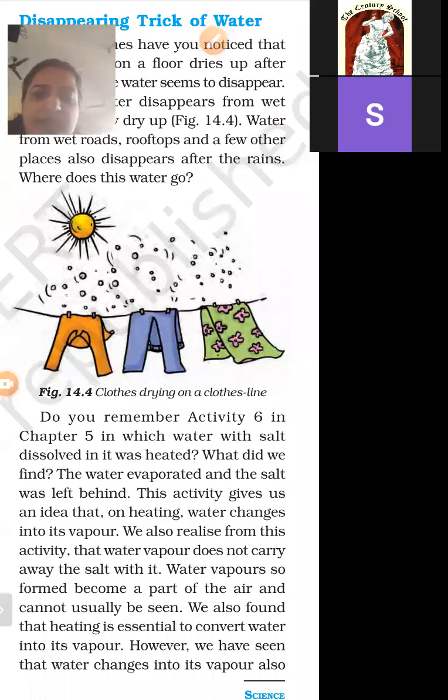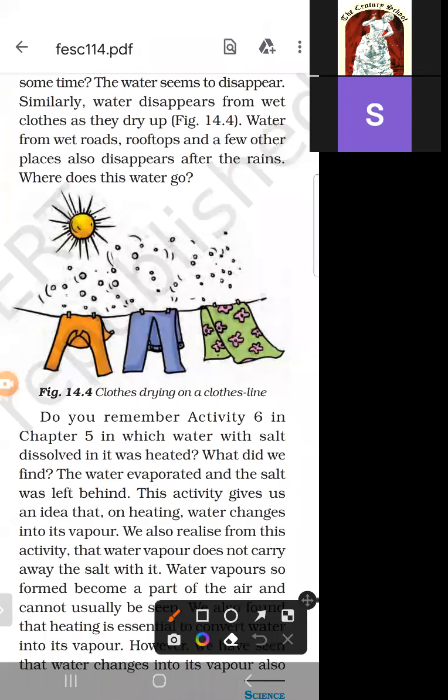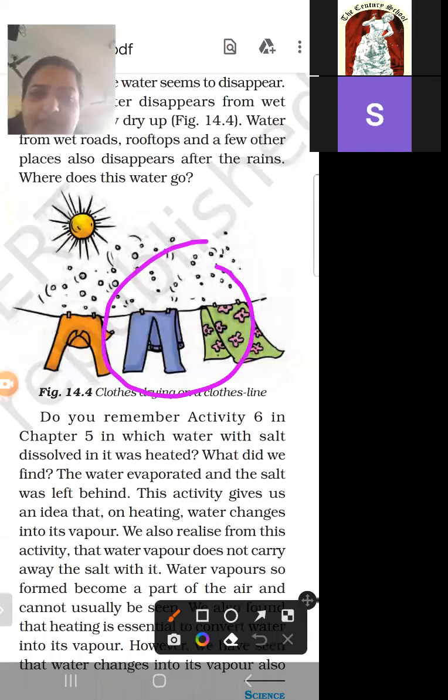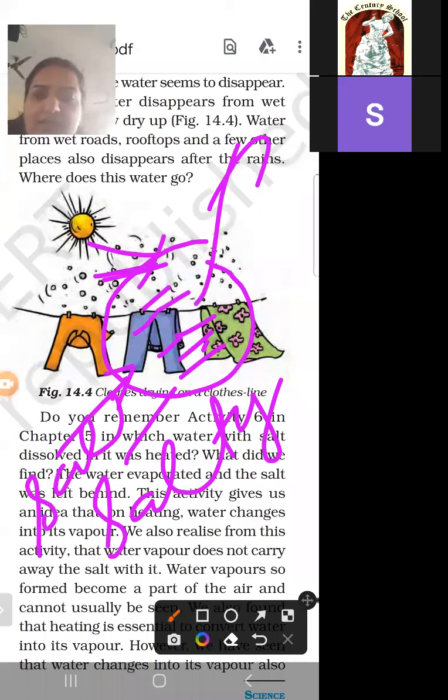We take the salty water, and if we keep it in the sunlight, then the water disappears. What is remaining in this? Salt remains, and the water disappears.